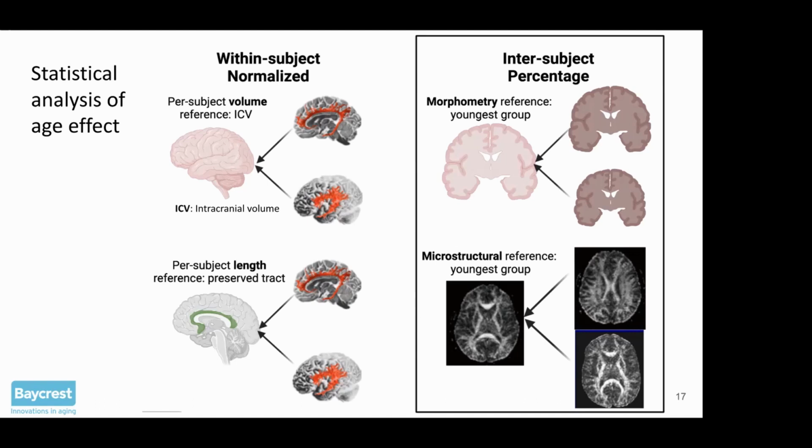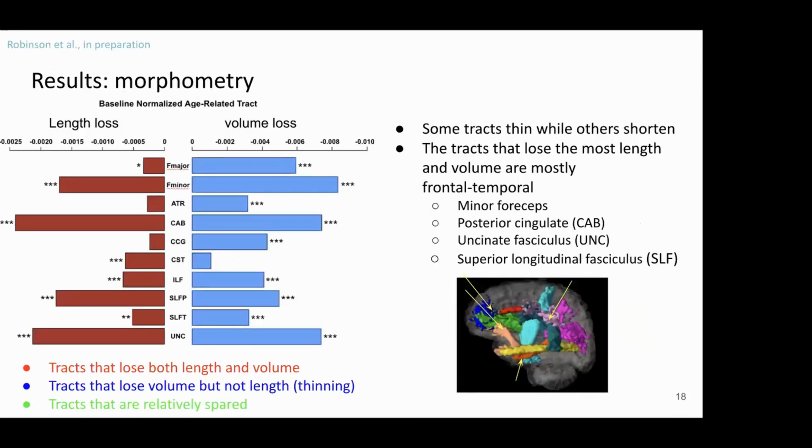Basically we use this to approximate a percent loss in all of these parameters, using the youngest group as a pseudo baseline. If you look at things this way, where I have listed the length loss effect size in terms of amount of loss per year, and the volume loss, both of these are quantified as percentages, and you can start to see some trends emerge.